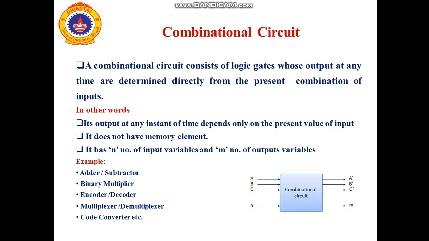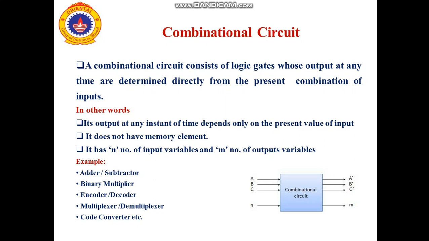The combinational circuits basically consist of logic gates whose output at any time is determined directly from the present combination of inputs. The combinational circuit does not have any kind of memory element. The combinational circuit has n number of input values and m number of output values.